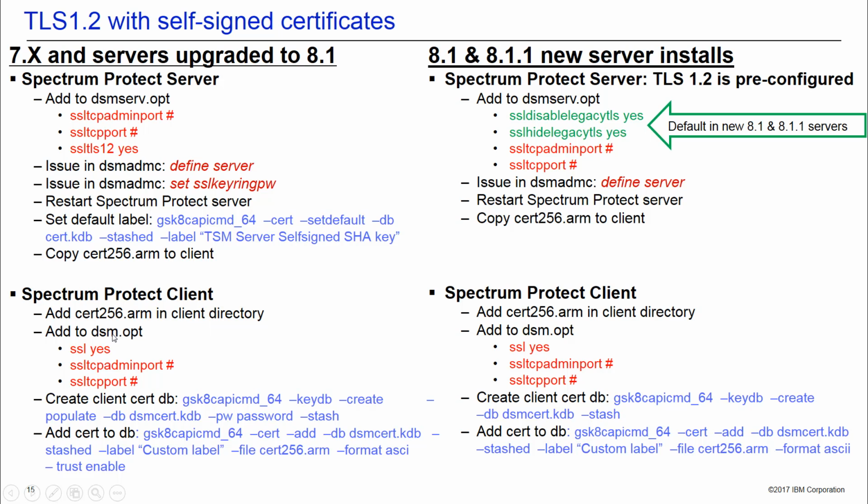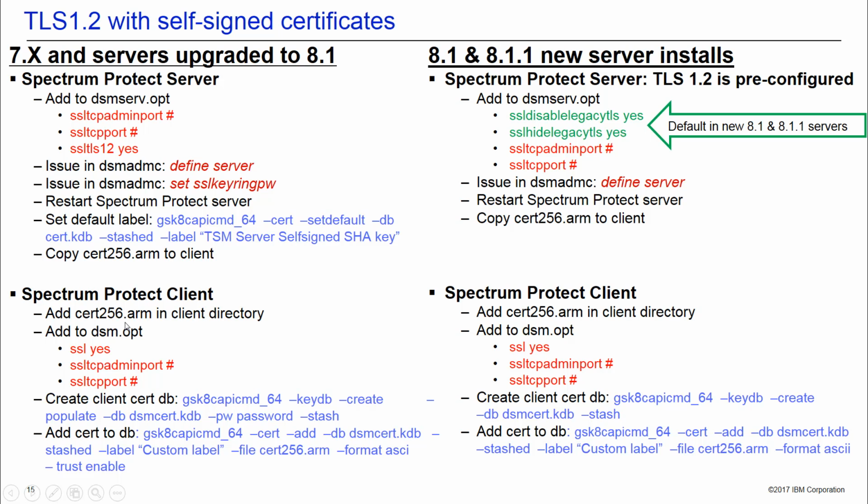On the Spectrum Protect client itself, you'll add that cert file into the client directory, and then in the client's option file, you'll set SSL to yes, and you'll set the admin port and the SSLTCPPORT to the same as you did on your Spectrum Protect server.